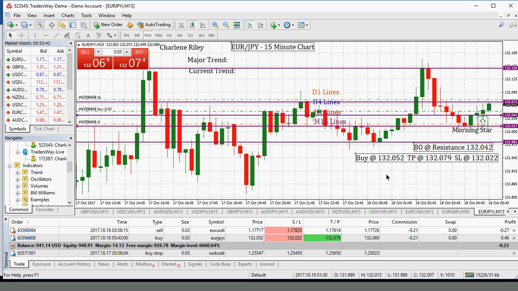And this is a good example of what we mean by support and resistance. So right now, this line of resistance is holding. And so the question is, are we going to break through or not?